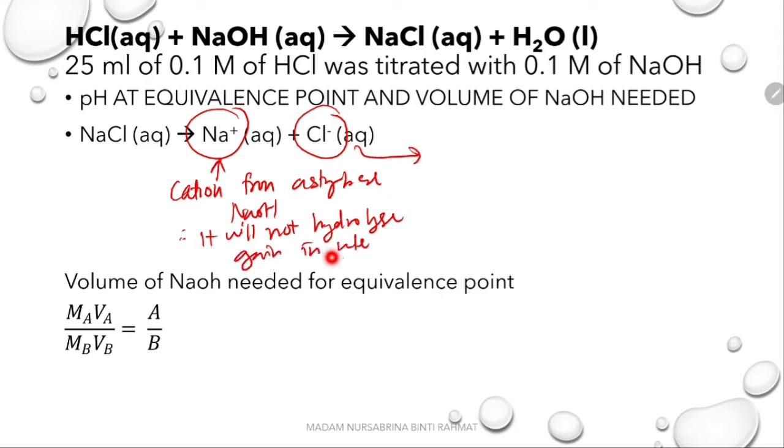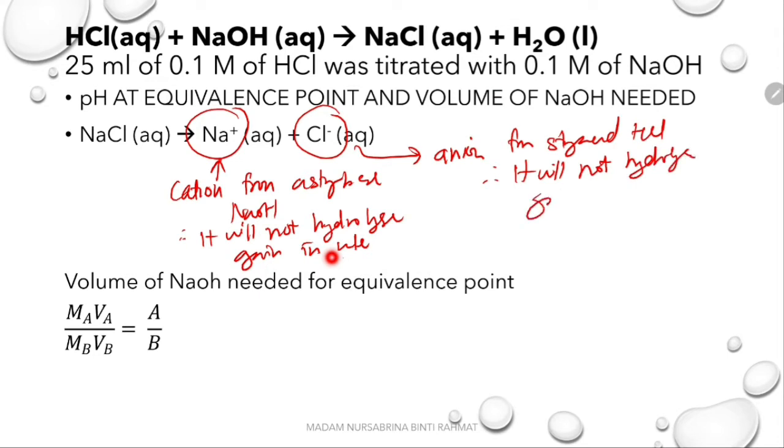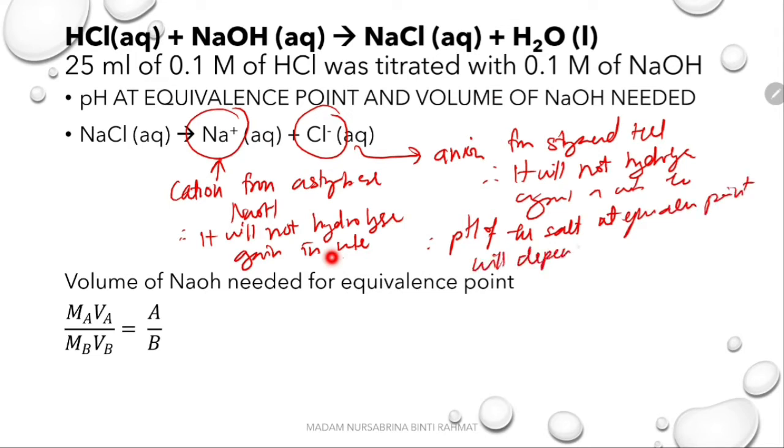Whereas Cl- is the anion from strong acid HCl, therefore it will not hydrolyze in water too. Therefore, the pH of the salt at the equivalence point will depend on the auto-ionization of water.